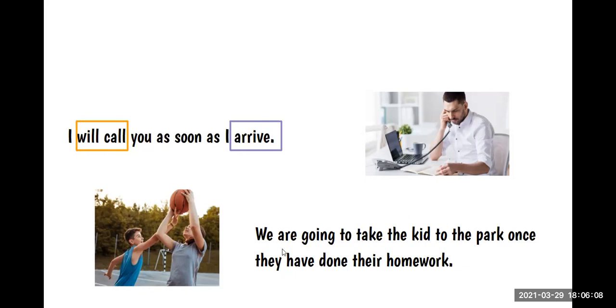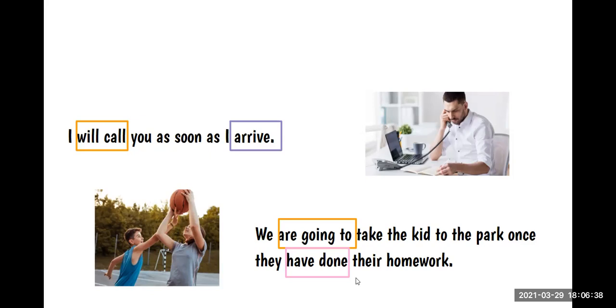Okay, what about this sentence? Are going to take. And in the next one? They have done. Yes, they have done, right? As you can see, here we have two clauses. We are going to take the kids to the park. This is the main clause. And they have done their homework. This is the subordinate clause.